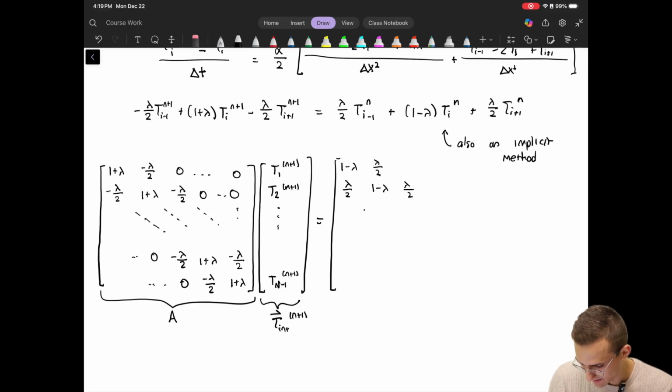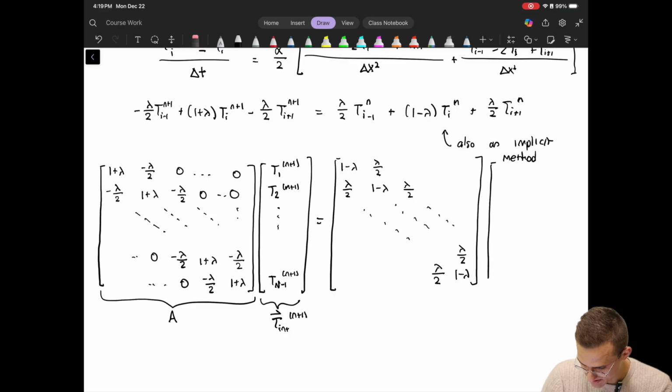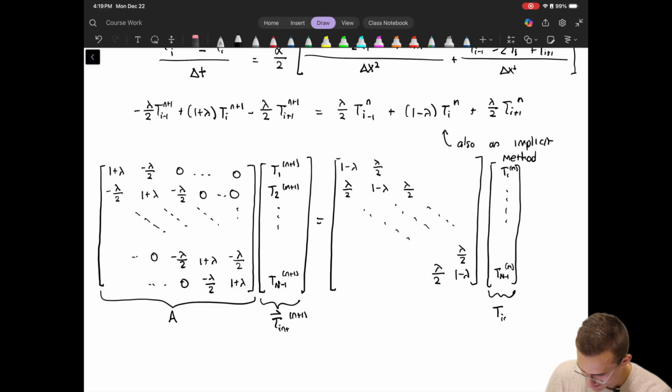Those tridiagonal systems continue down that way, with 1 minus lambda as the last entry. The vector on this side of the equation is all the interior points at time step n, T interior at time step n, and we'll call this matrix just B, okay?